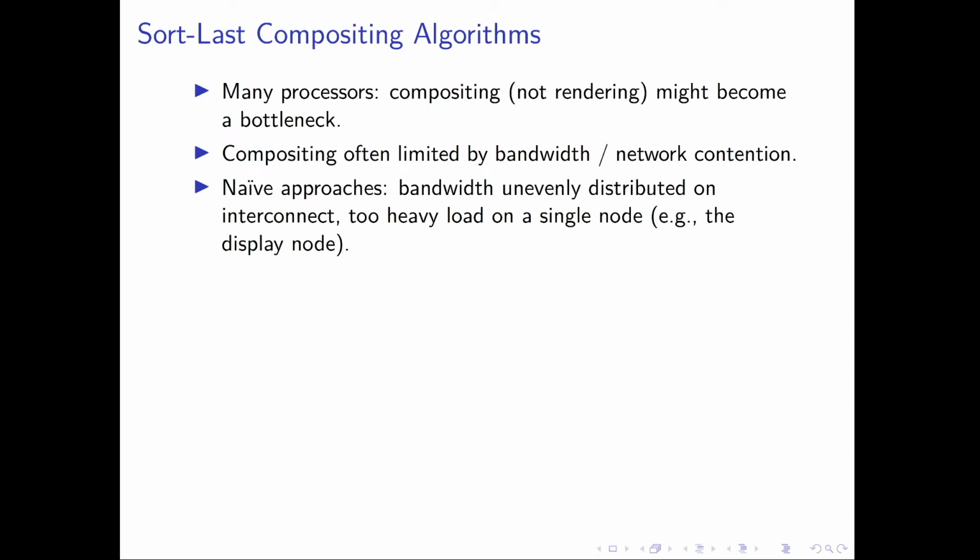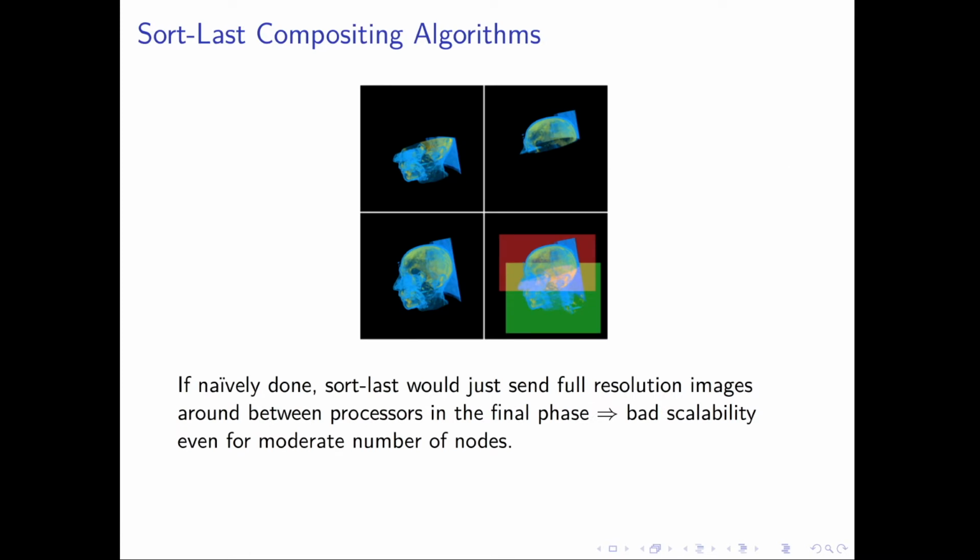In particular, if we use a naive algorithm to distribute the intermediate images over the network, then we will usually observe contention and heavy load on single nodes, for example, on the node that performs display. In a very naive approach, we would just have each processor render its share of the image and then send its complete share of the image to the display node.